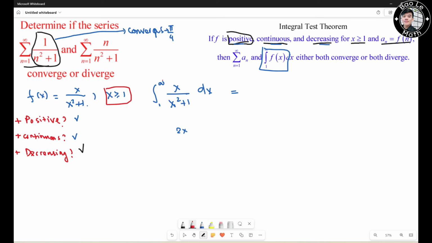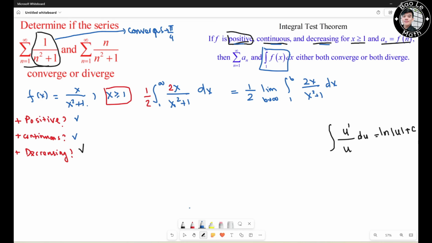So I multiply the top and bottom by 2. So 2 right here, and I put 1/2 right here. So this one can be written as 1/2 limit, integral from 1 to b when b approaches infinity of 2s over s squared plus 1 ds.